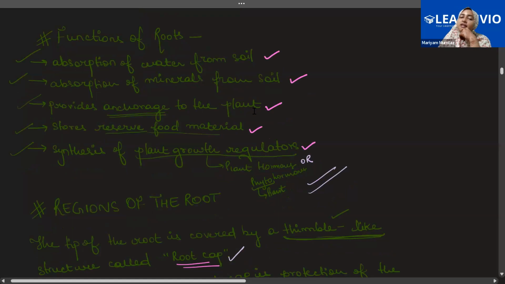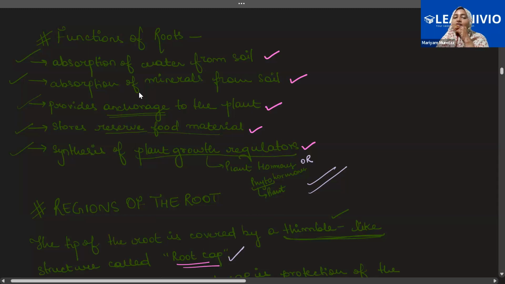Apart from that, there are many roots that reserve food material also. They store it. There are many food storing roots also. And also, they synthesize the plant growth regulators, that is, the plant hormones. So plant hormones are also synthesized by some roots. So these are the various functions that the root has to perform.